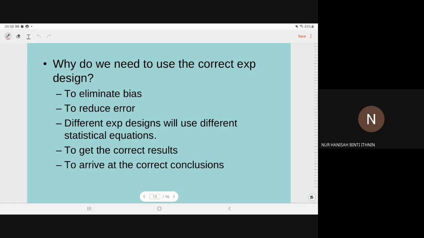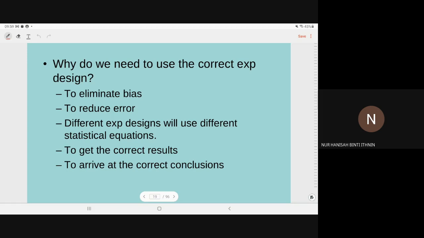Also, different experimental designs will use different statistical equations. That's why you need to understand the differences between the different experimental designs. You should not be applying your treatment in the lab according to a completely randomized design, and then when you key in the data, analyze it according to a randomized block design.